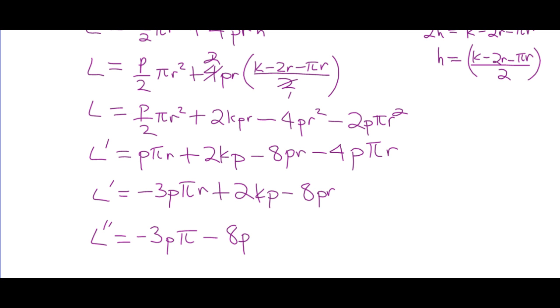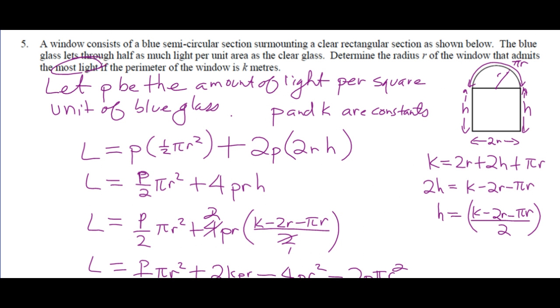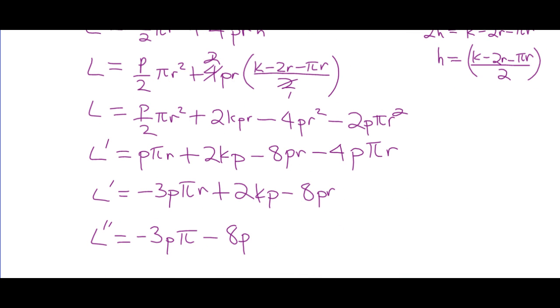So p, k, and r are all positive. Okay, so L double prime is negative, which means that it's concave down, which means that we have a maximum.